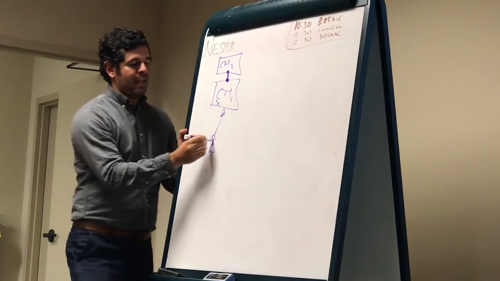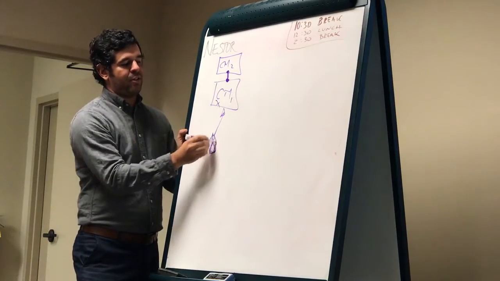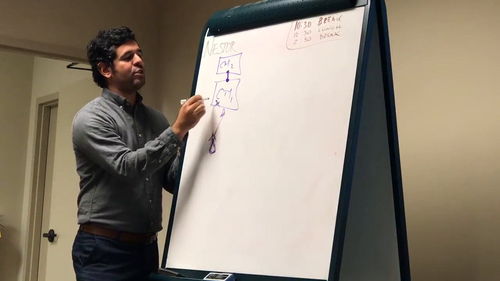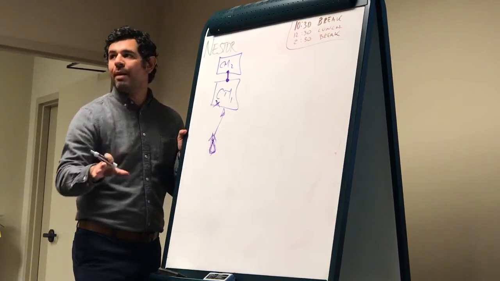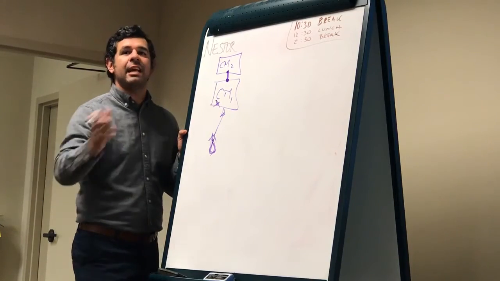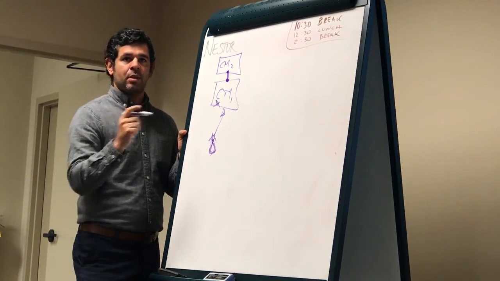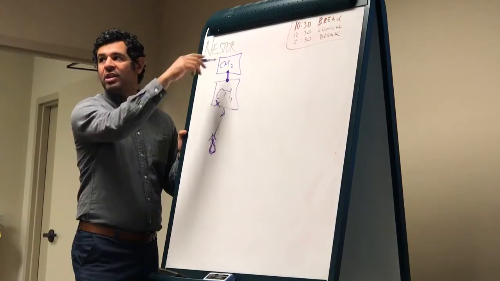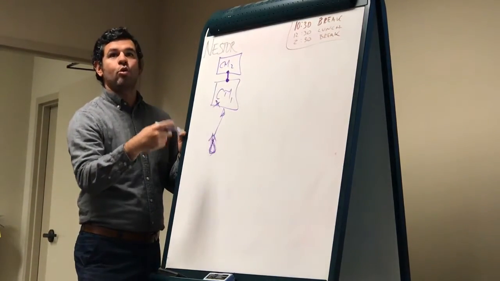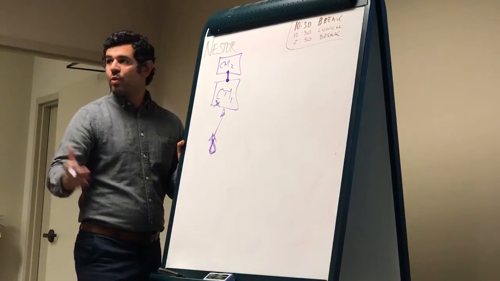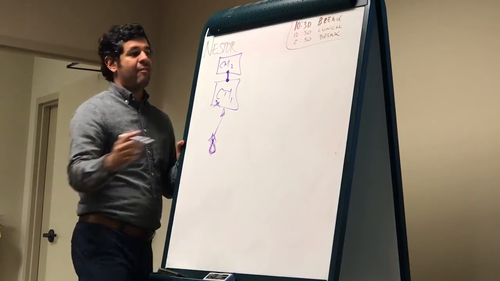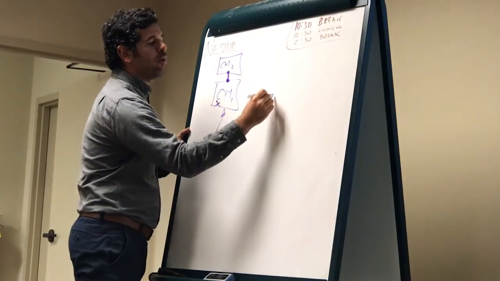Because of that, if this guy is within a call and the main CM goes down, the other CM knows about the state of that call and is able to take it from there. So in this type of arrangement, you are able to keep applying features within the call. Avaya calls this call preservation.